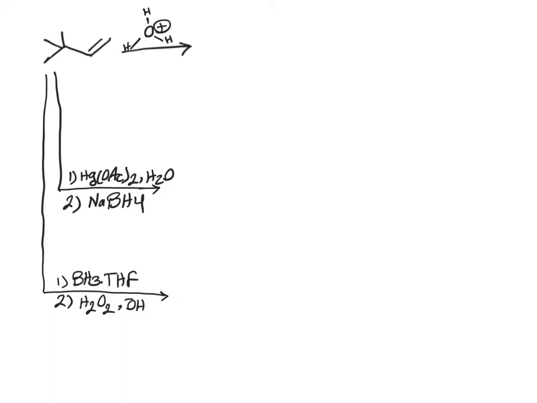In the first step, the pi bond will act as a base, and a sigma bond forms between one of the sp2 carbons and a proton. And which one? The carbon with more hydrogens. This is Markovnikov addition.